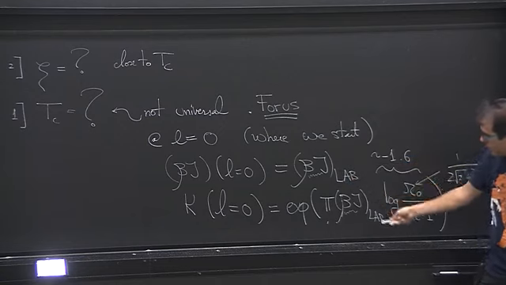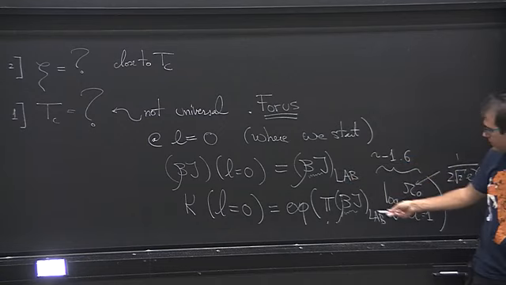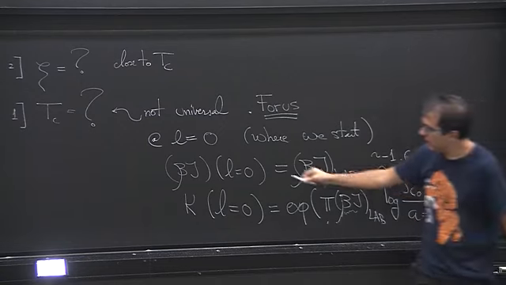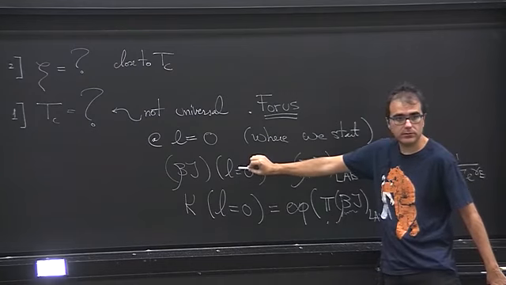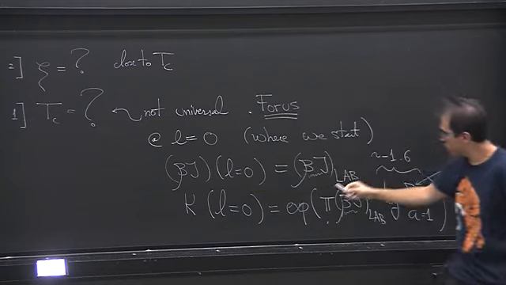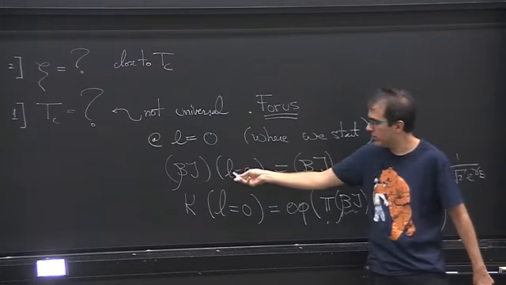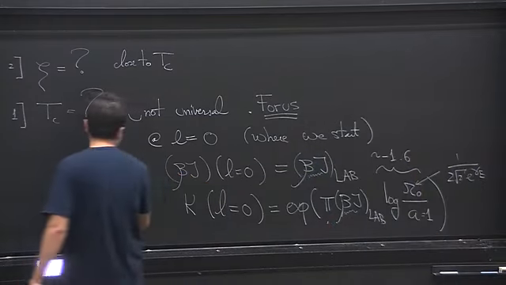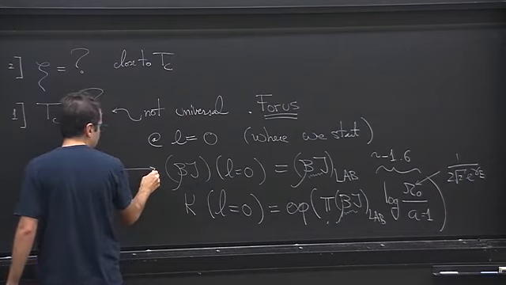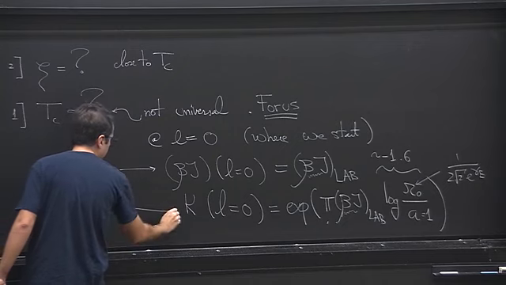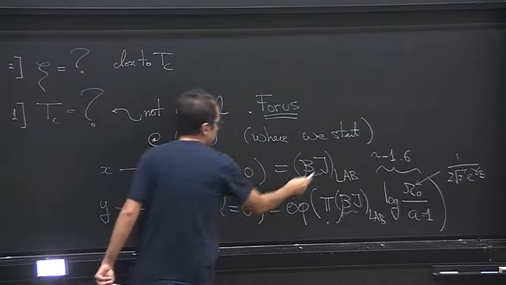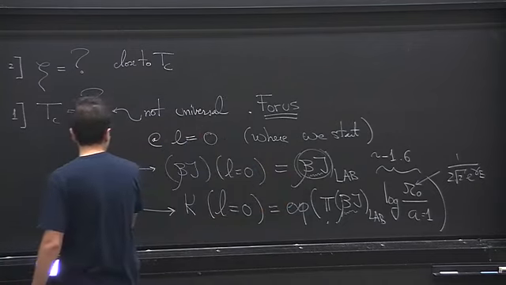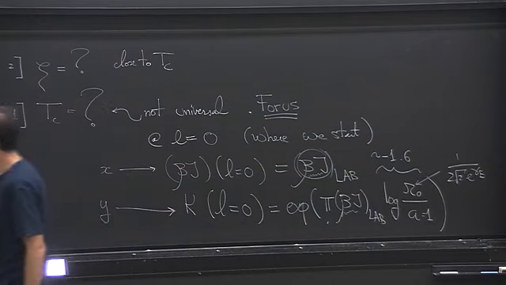And these two equations describe a curve in the plane yx. As I change beta J, I change this, which is related to x up to some simple shift, and I change this, which is y. So changing beta J means changing a curve in xy. So I can draw this curve.